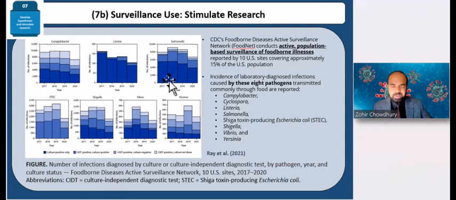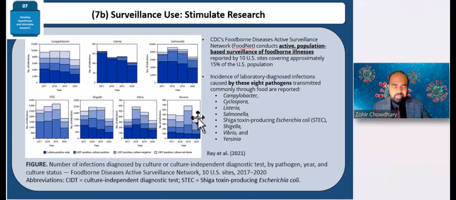And these are reported in 10 sites covering approximately 15% of the US population. And in here, we can see, again, a significant decline of many of these foodborne pathogens and the trend with time. So 2017 to 2019, more or less even, and then a significant drop in 2020 during that COVID period.